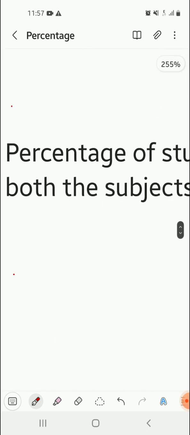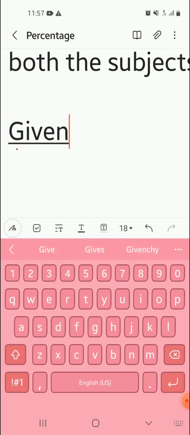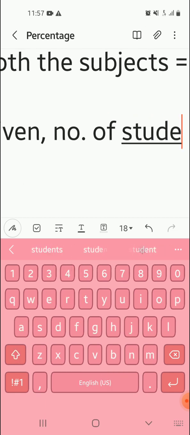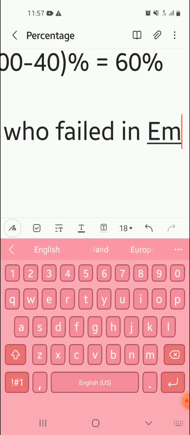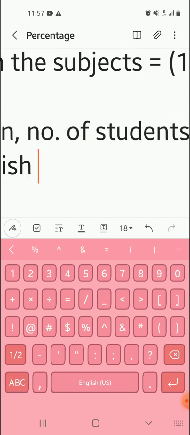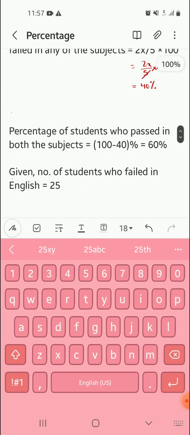Given: number of students who failed in English is equal to 25.